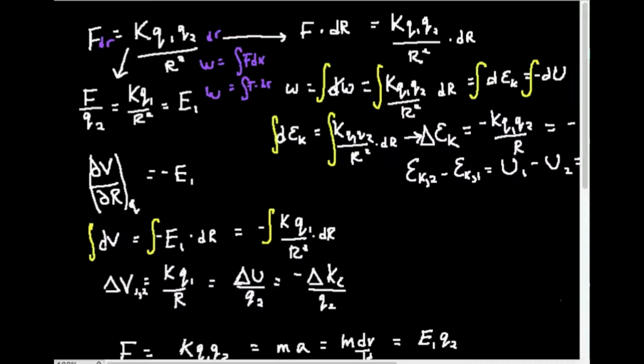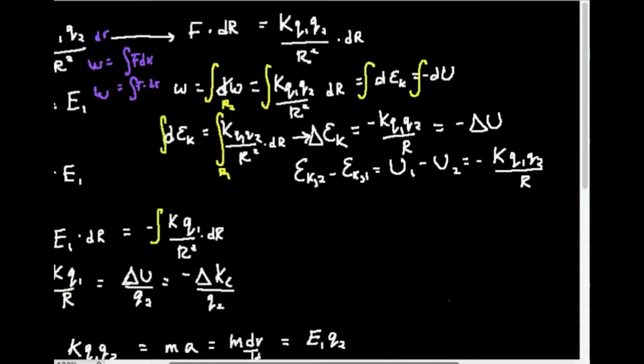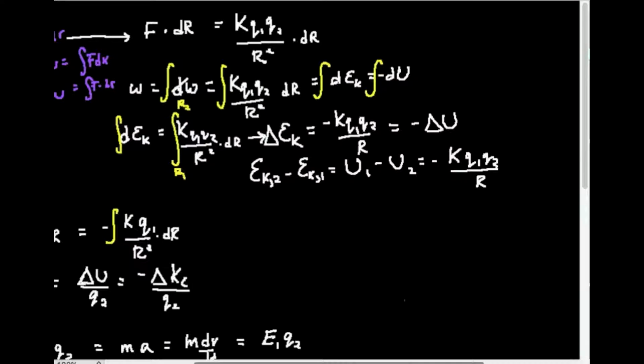All right, so I can say that the change in kinetic energy, or the work, is equal to the integral of kq1 q2 over r squared times dr. Well, I'm just going to integrate this from r1 to r2, and in general, because r1 is the center of the atom, r1 is 0. Okay, in some cases it might not be. You might be looking at other charges, but if you're looking at, say, the nucleus, r1 is 0. All right.